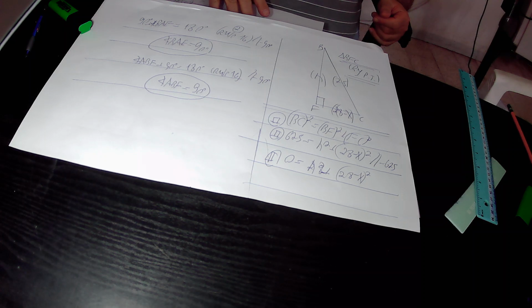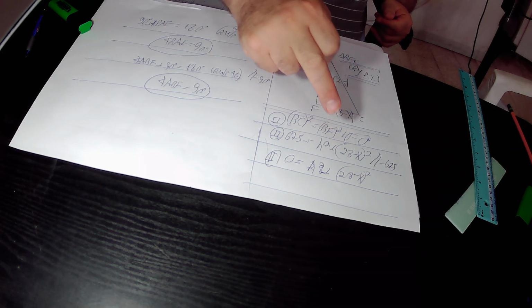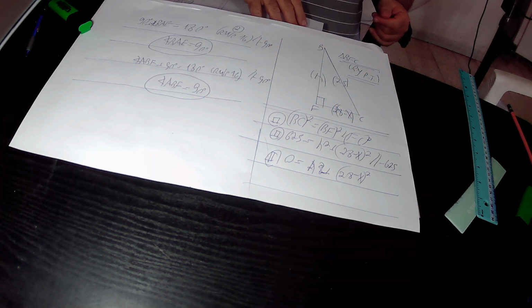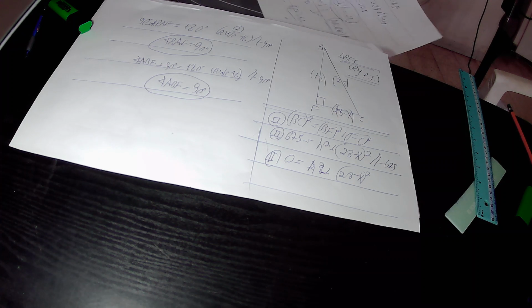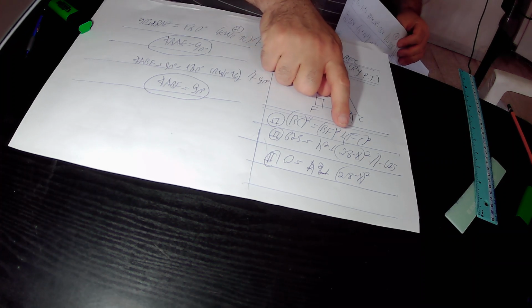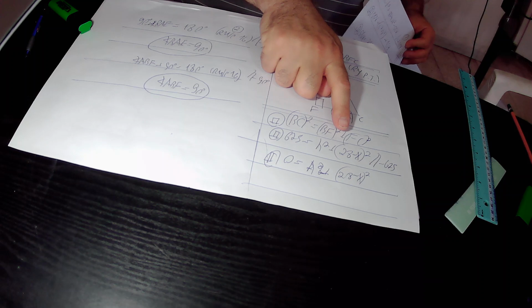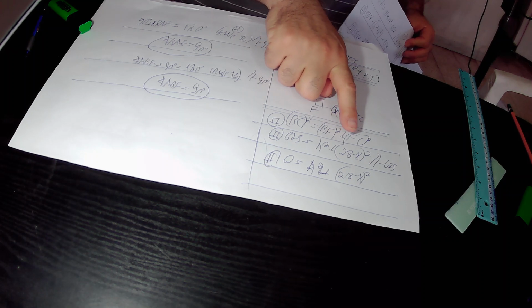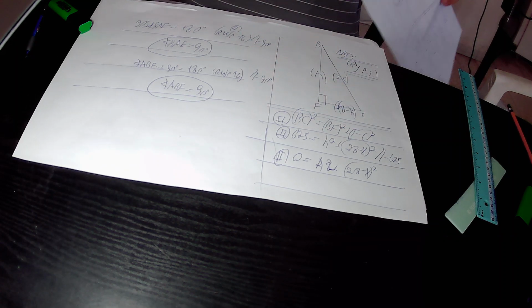After we open the brackets, we get that (28 minus X) squared equals 28 squared, that is 784, plus X squared minus 2 times 28 times X, that is minus 56X.